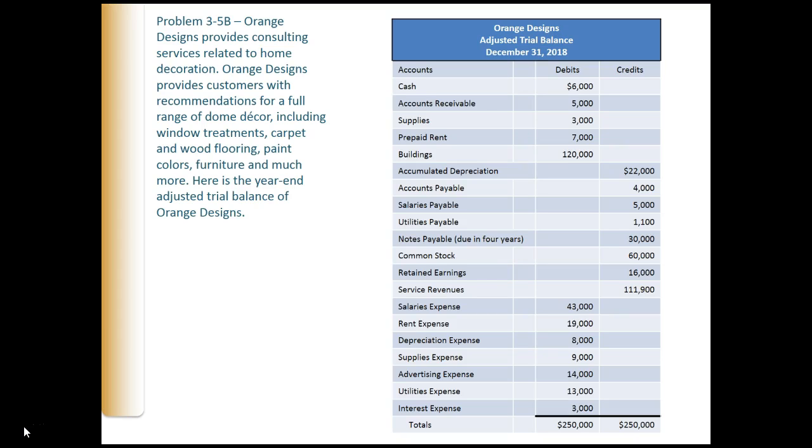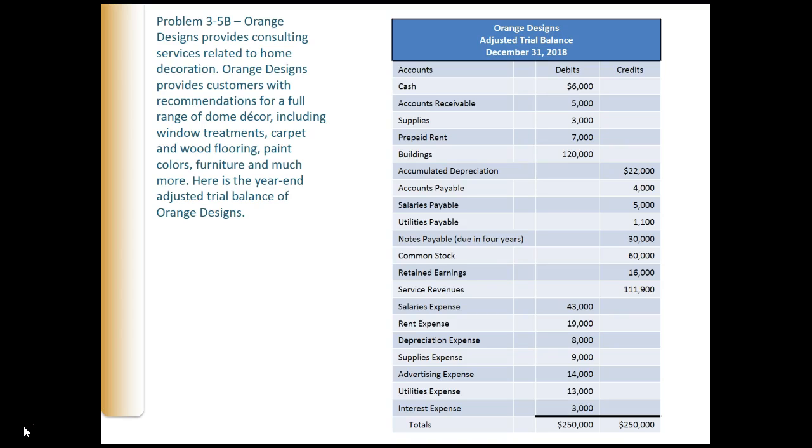After that, we have the income statement temporary accounts, the revenues and the expenses. As you see here, our debits equal our credits. Now this problem wants us to provide financial statements: the income statement, statement of stockholders' equity, and the balance sheet.